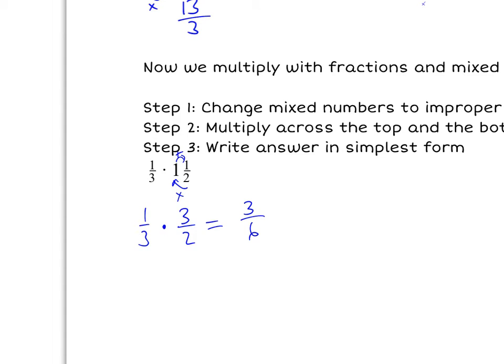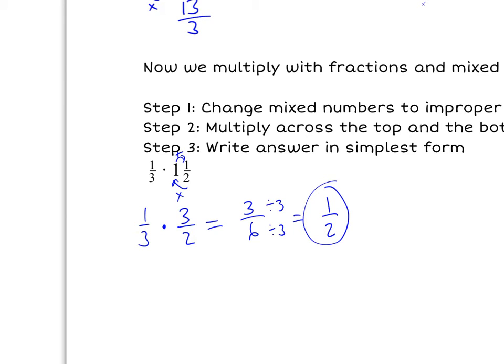Does anything fit into 3 and 6? Yeah. The simplest form would be 1/2, so that means that 3 fits in here and 3 fits in here. So we divide by 3, which gives us 1/2. Final answer. Sometimes you'll end up with an improper fraction there, and you've got to change it back to a mixed number. In this case, we end up just with a regular fraction.